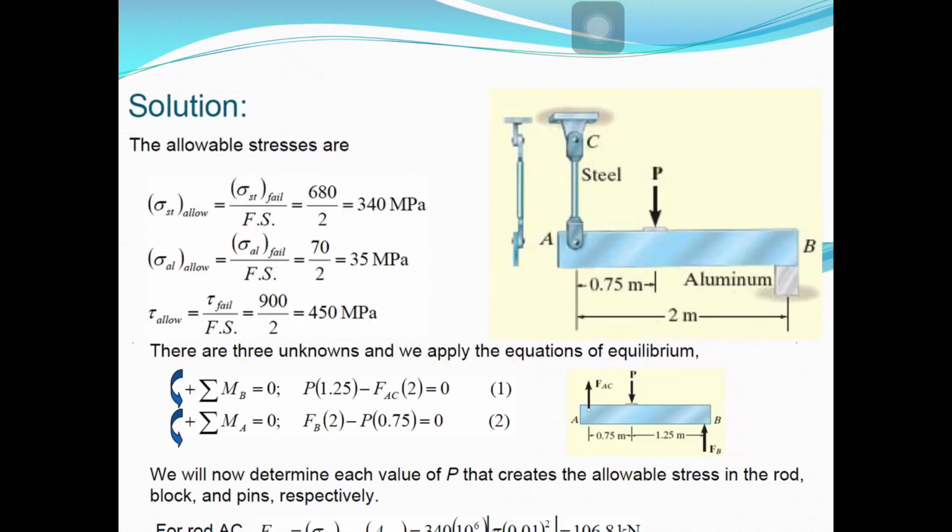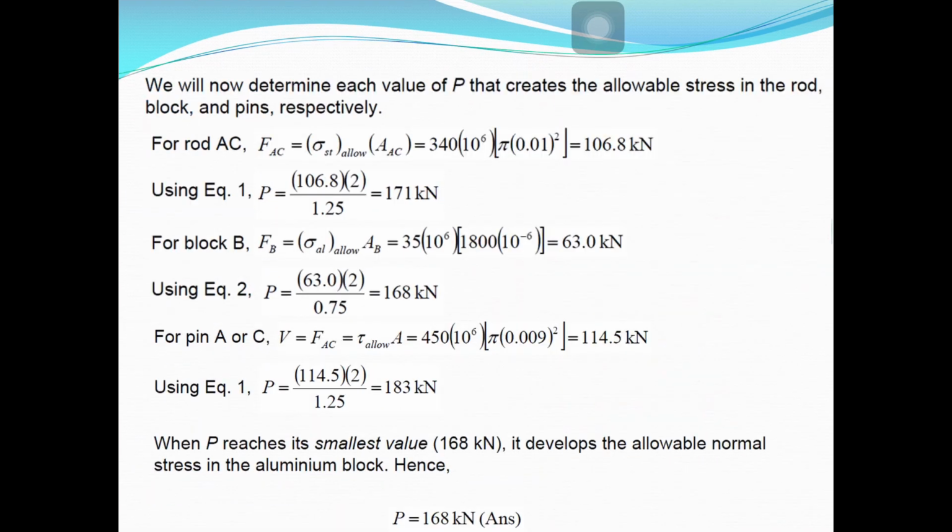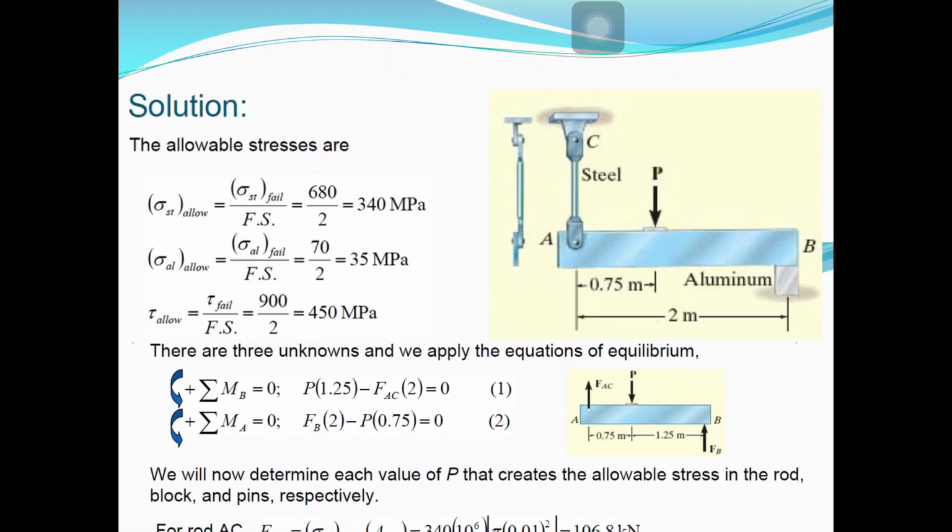So first thing you need to divide the failure stress by the safety factor. You get this one, 340. Use this value to calculate the value of P. Same thing, first you need to draw the free body diagram like this one.